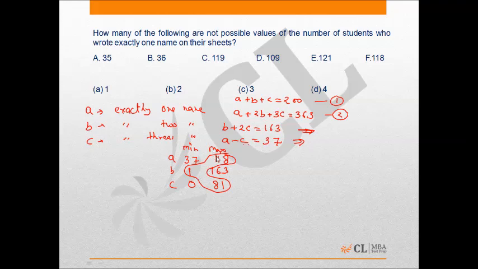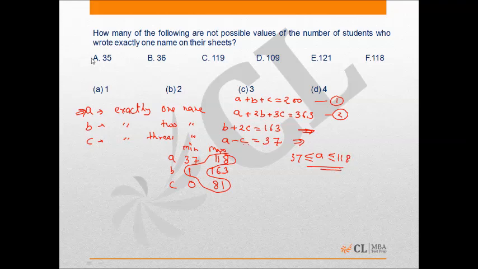Point to remember here is that these values form one set and the remaining 3 will form the other set, right? So this first question is asking me how many of the following are not possible values of the number of students who wrote exactly one name on the sheet. Exactly one name means A. So which value is not possible for A? You can see that value of A lies between 37 till 118.